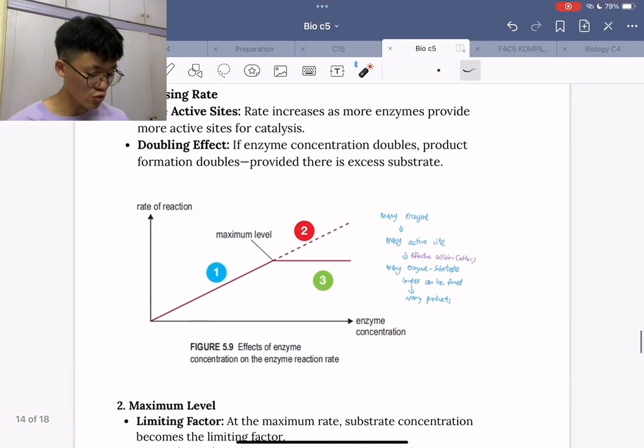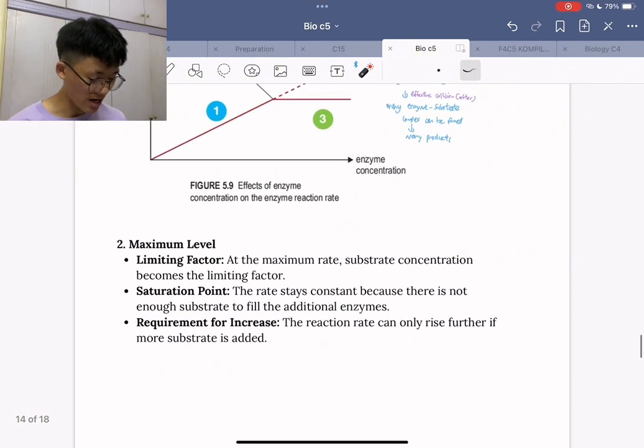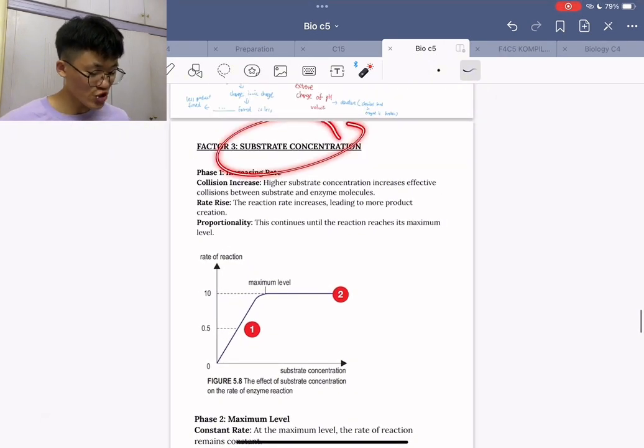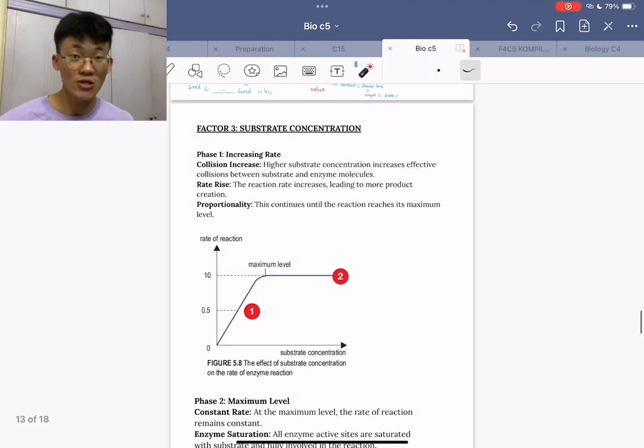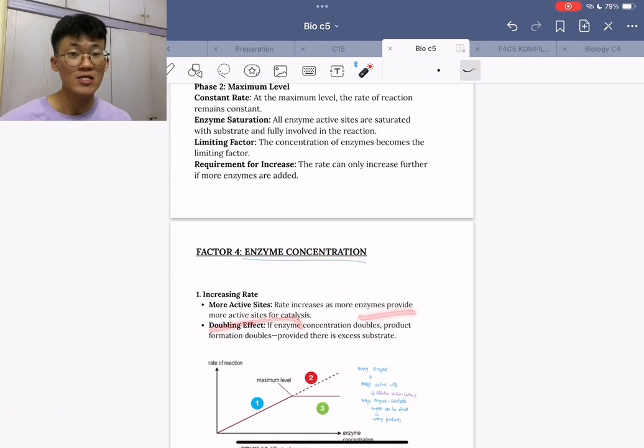So how are you going to increase the rate? By adding more substrate. So substrate concentration will increase the effective collisions. Also the same, enzyme concentration will provide more active sites so that more effective collisions can occur. But what is the limiting factor? The limiting factor for enzyme concentration is substrate.